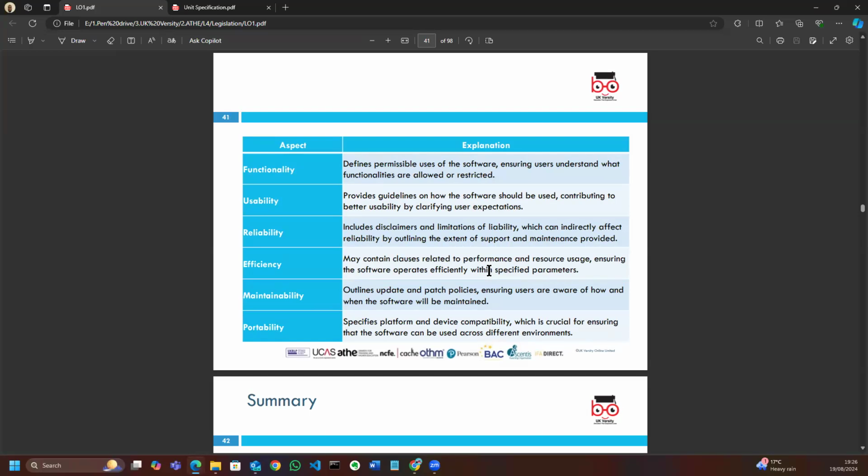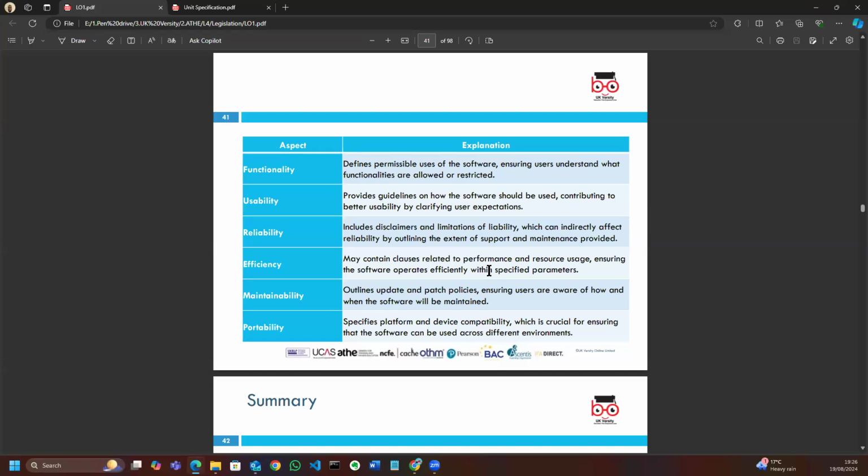Again, we have the aspects and their own explanation. For example, functionality has to define permitted uses of the software, ensuring users understand what functionality is allowed or restricted.